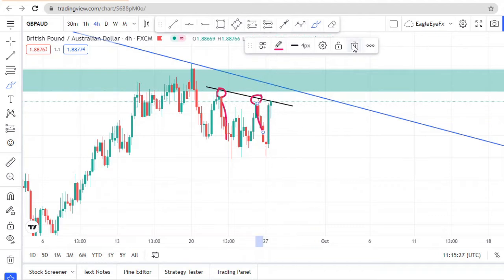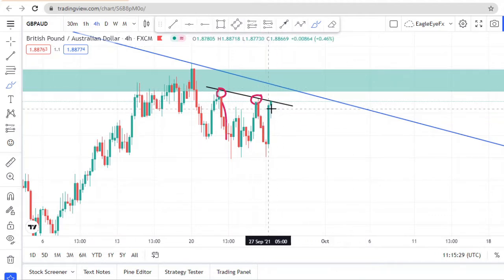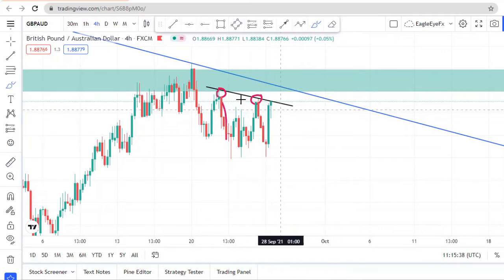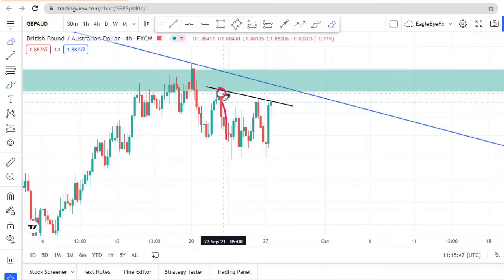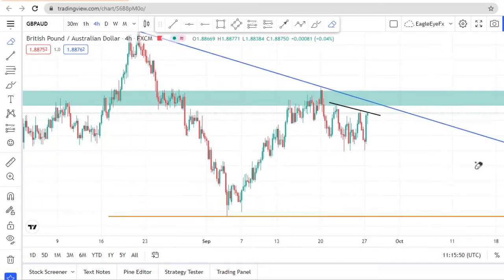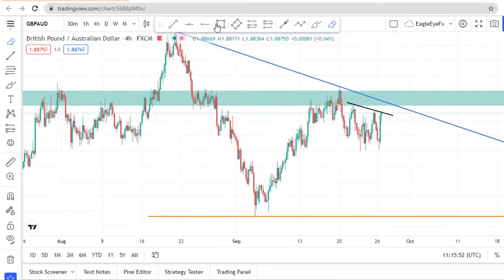So we don't know if it's going to be rejected again. So if it's also not rejected, then it becomes a number 3 confirmation of this resisting trend line, horizontal zone trend line, and also this little trend line that you just added over there, right? So that's also another confirmation for me to tell me that I am going for sales.